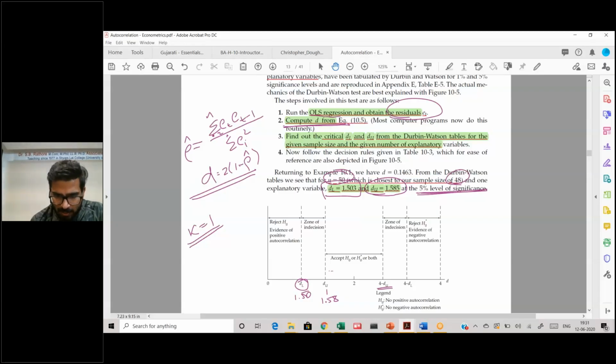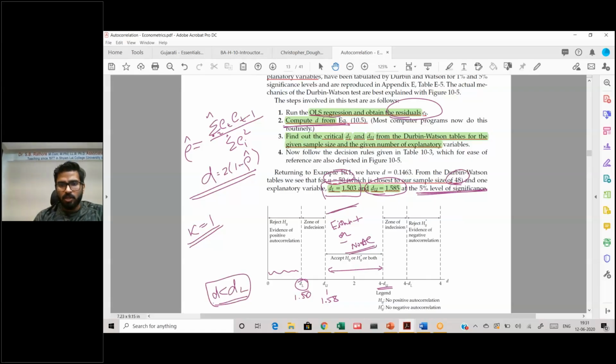So this is the range where you will say there is no autocorrelation, either positive or negative. There is no autocorrelation whatsoever in this particular range. However, if your calculated D value is less than DL, the lower limit, that definitely tells you that your data suffers from positive autocorrelation. You have evidence of positive autocorrelation.